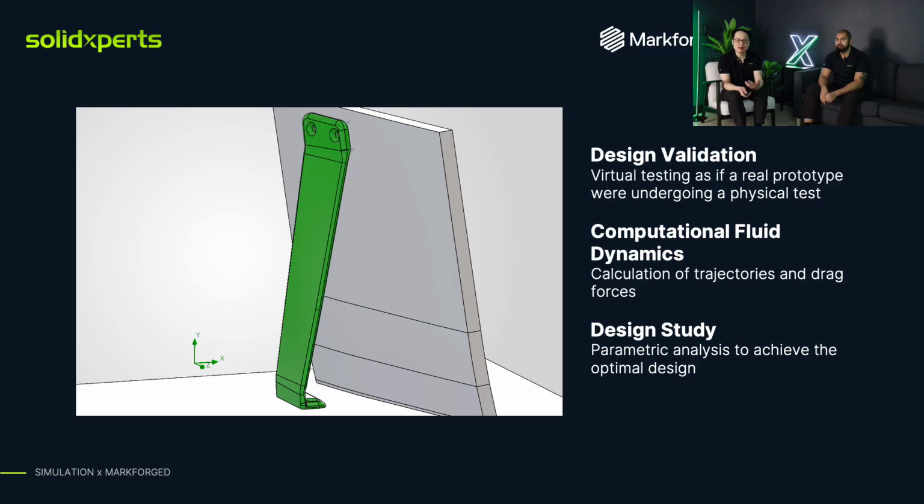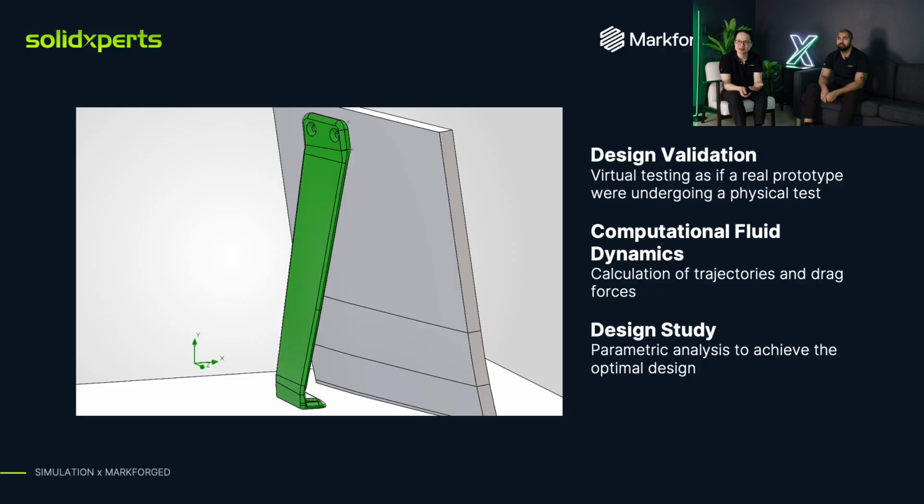And what does that amount to here? It amounts to simply performing a validation of the design. These are virtual tests that we'll perform instead of having a prototype and running physical tests on it. So the solution is to run a fluid dynamics type of analysis, so we'll be able to calculate the trajectories afterwards.